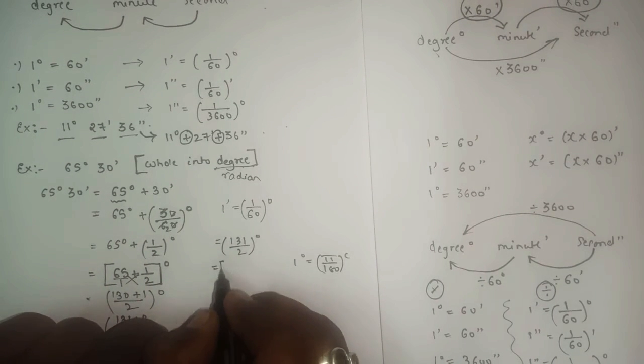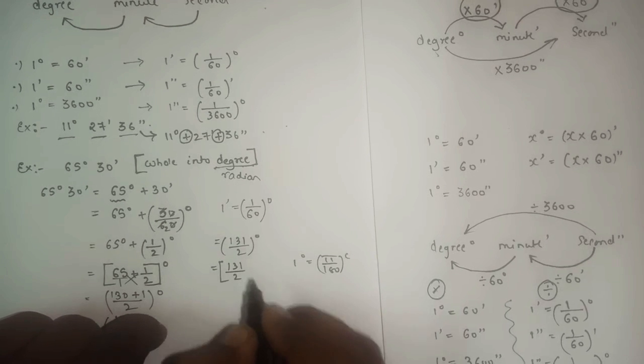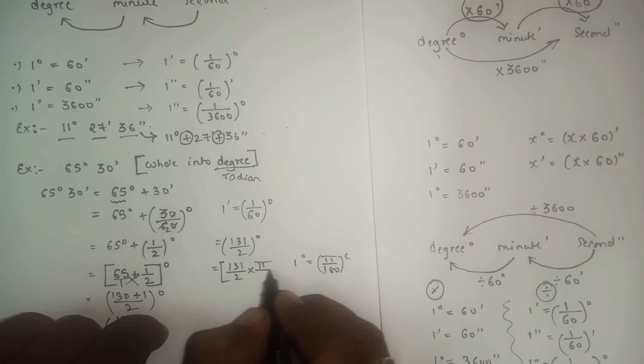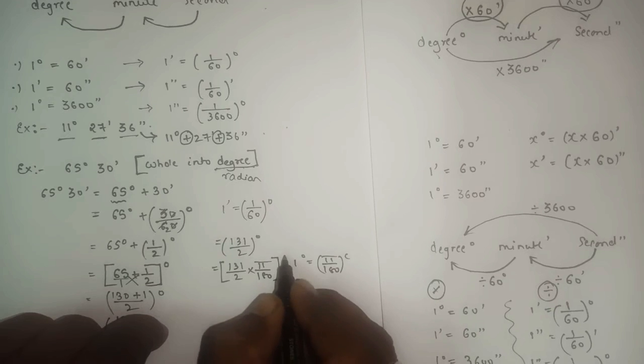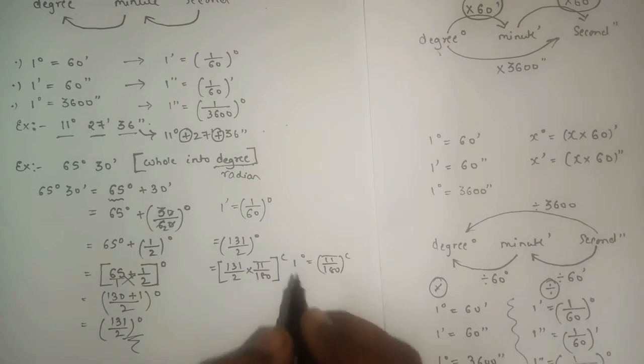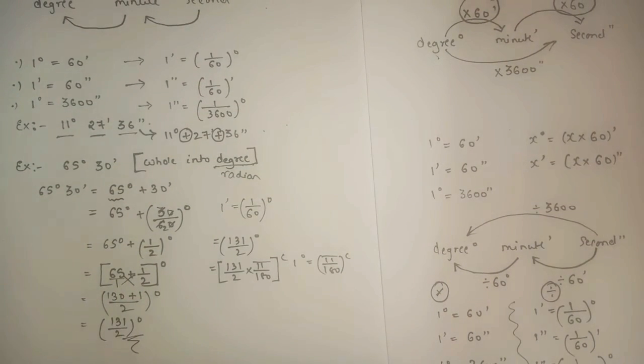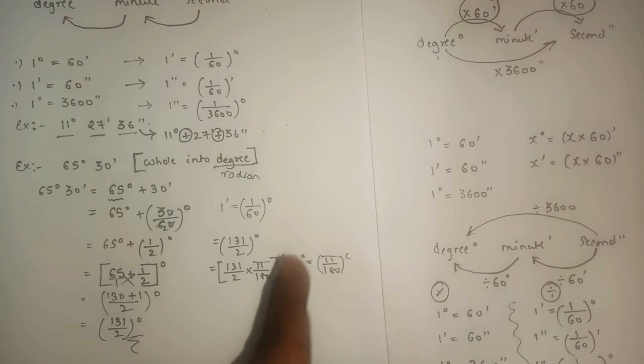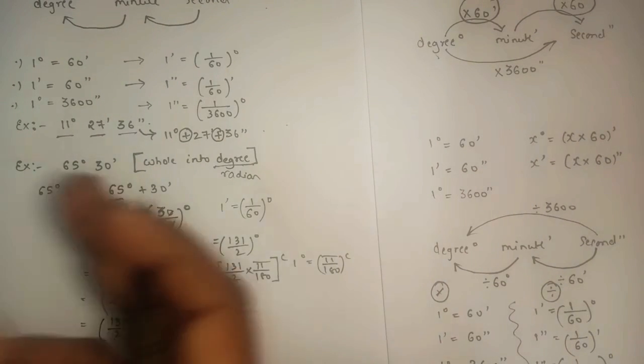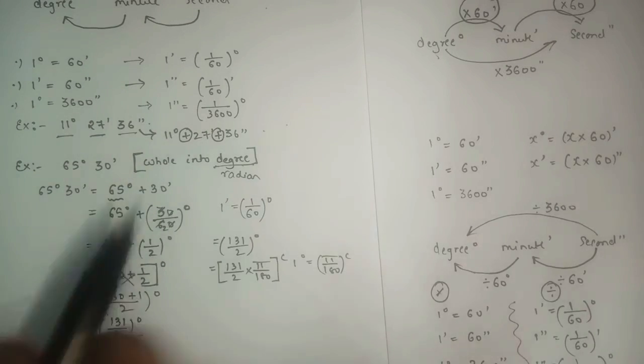So simply you will multiply this number by pi by 180 to convert degree into radian, as this is the relation. Yes or no? 1 degree is equals to pi by 180 radian, and to convert radian to degree, that is 180 upon pi. Yes or no? Suppose in the question it says that you have to convert the whole section in degree as well as in radian.